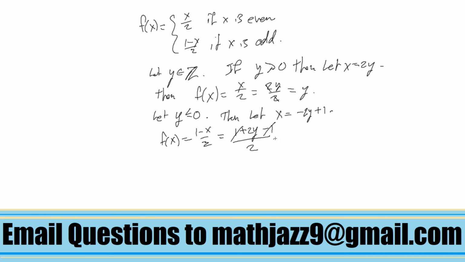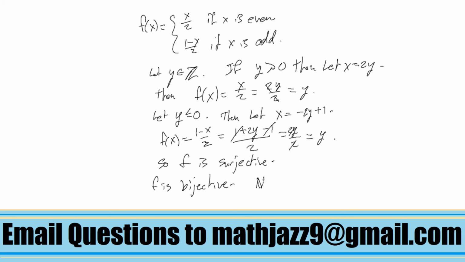The 1's cancel. We get 2y over 2. The 2's cancel, and we're left with y. So this is surjective. And f being surjective and injective means f is bijective. And that means that the natural numbers have the same cardinalities as the integers.